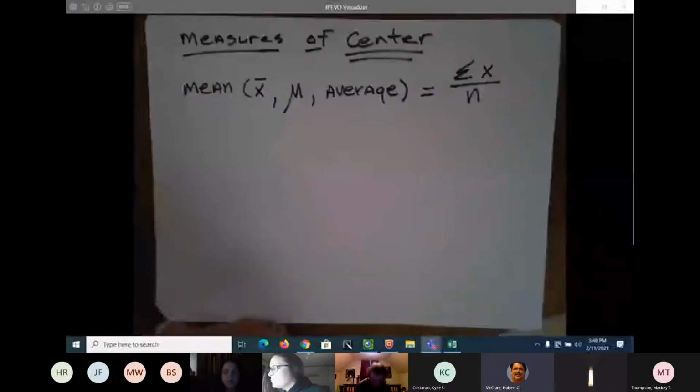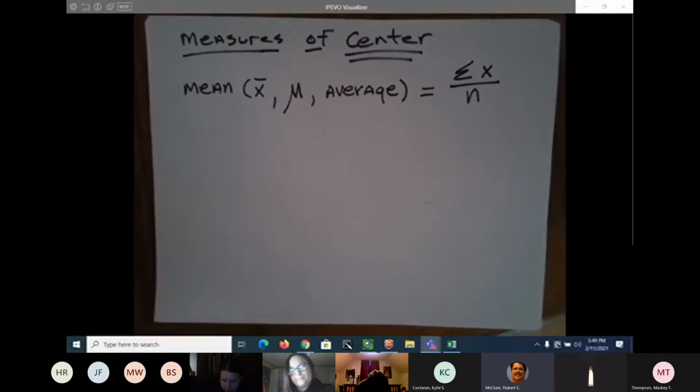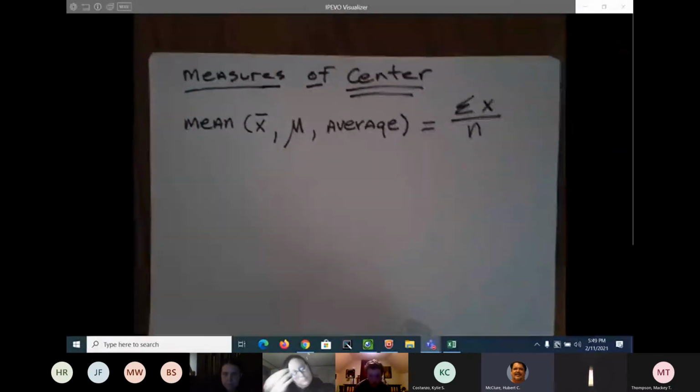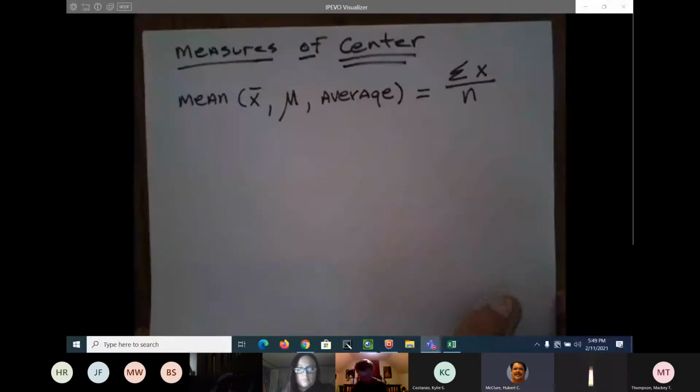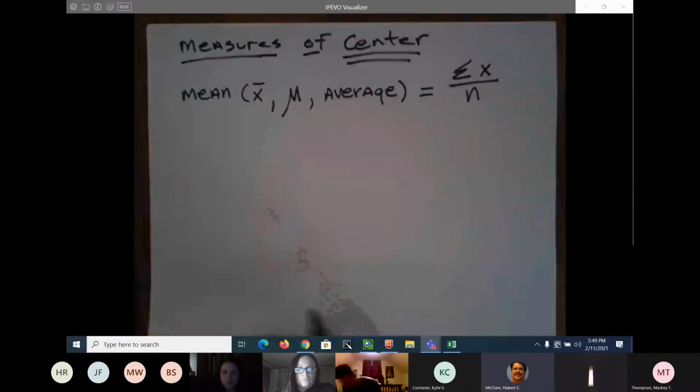Add up all the test grades and divide by the number of tests. And that's how you do the average. Now, I expect everybody to make 100 on that part of the whole test because everybody should be able to find the mean of numbers.